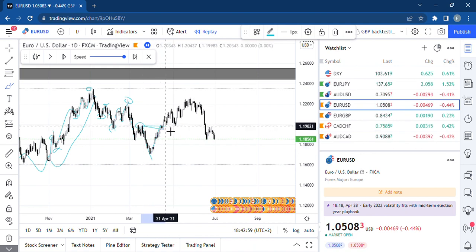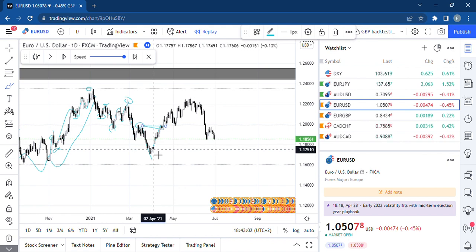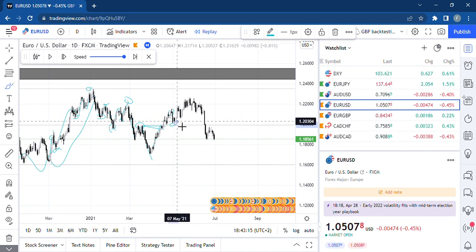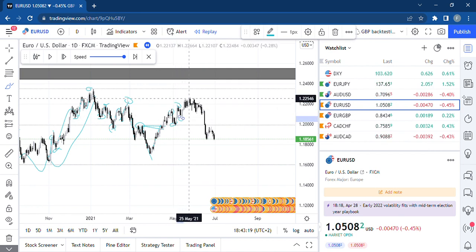Boom. You can tell me that my lines are skewed or whatever, but we can both see that the market moved and it broke that high. It went up, created a new high, a low, high, low, high.